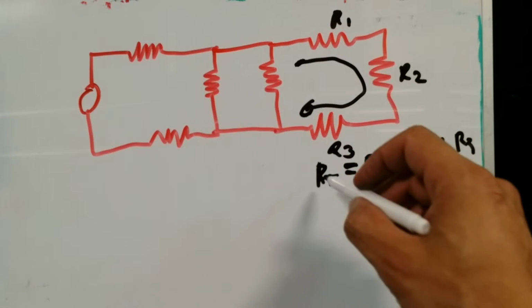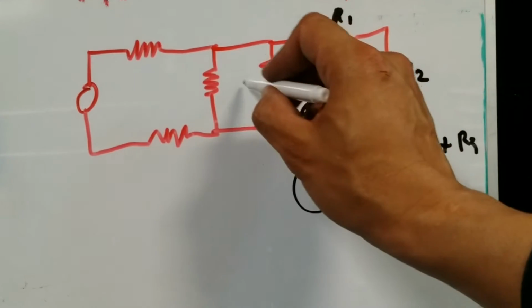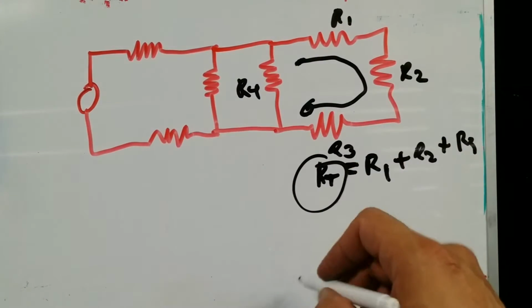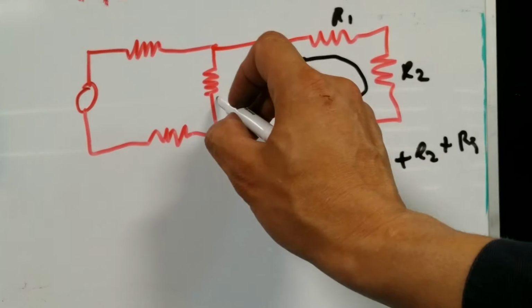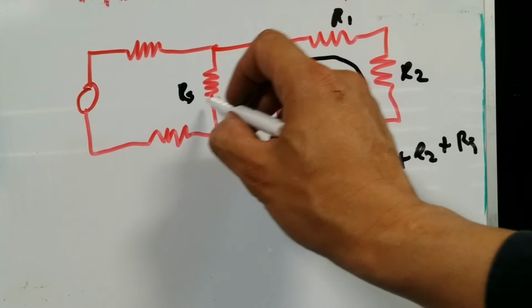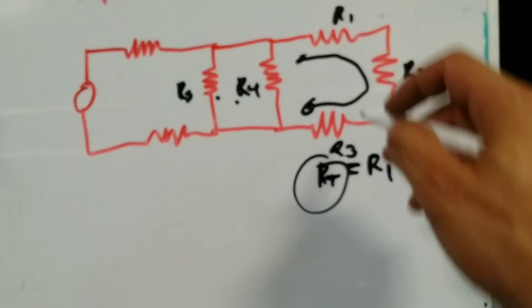Now, once you find that sub branch, that will be in parallel with this resistor over here. We're going to call that resistor 4. So for that one, you will have resistor 5, resistor 4, and the resistance of this sub-branch in parallel.